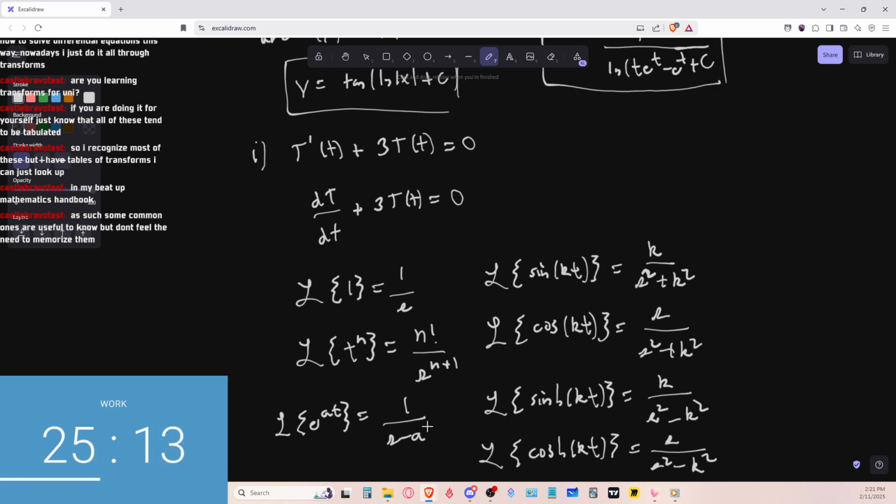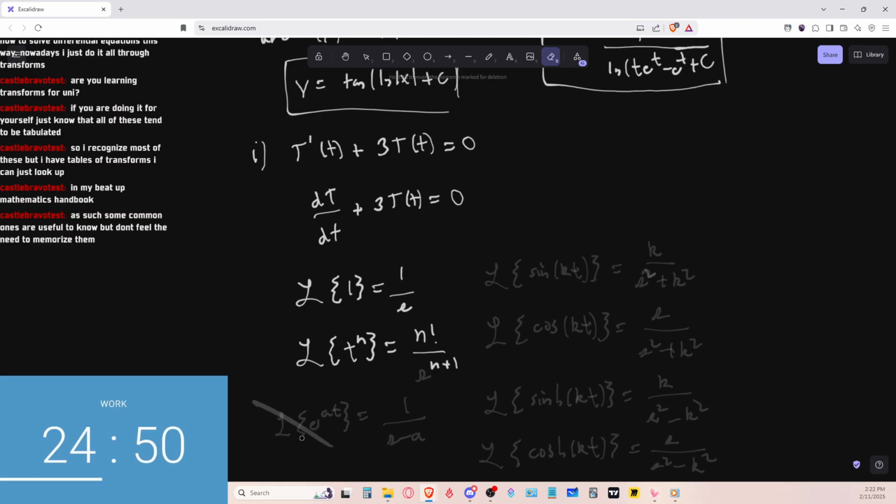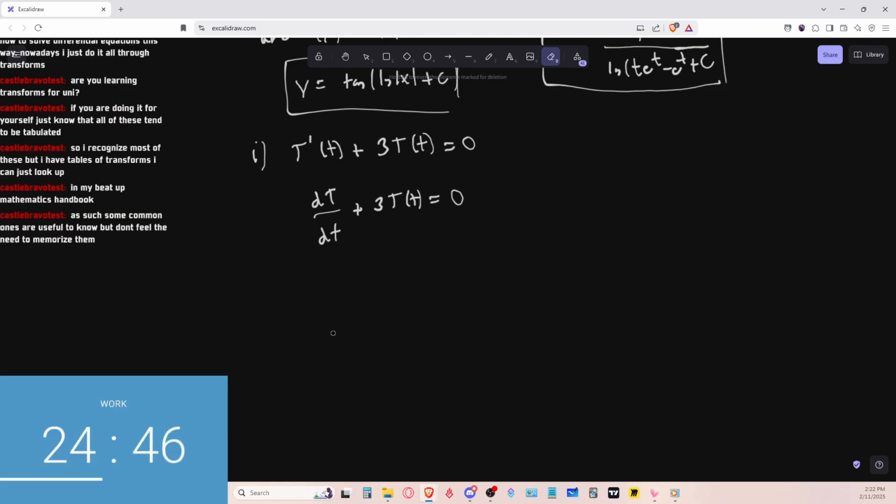I'm just surprised I remember them. But thank you for letting me know. What do you mean by they're tabulated? Actually, I have to practice linear transforms and the inverse of linear transforms.